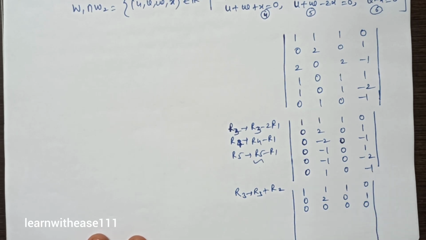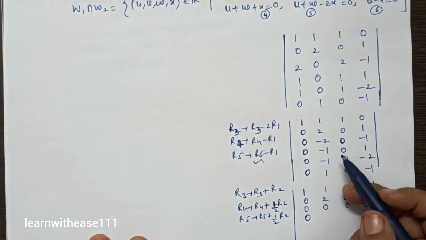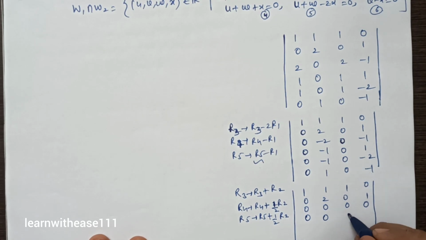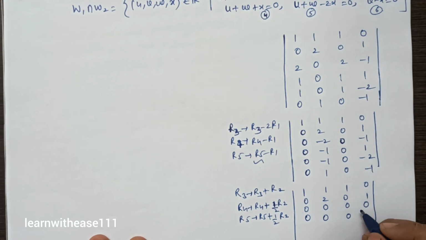R4 tends to R4 plus half of R2. It will be half of R2. Same for R5, to make maximum zeros.